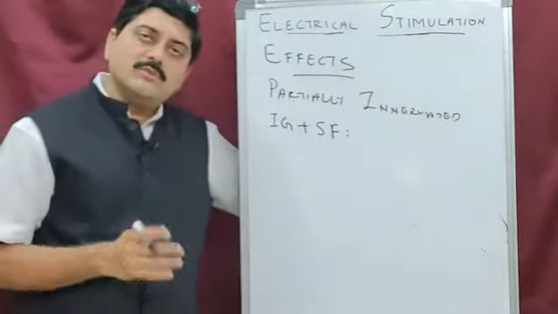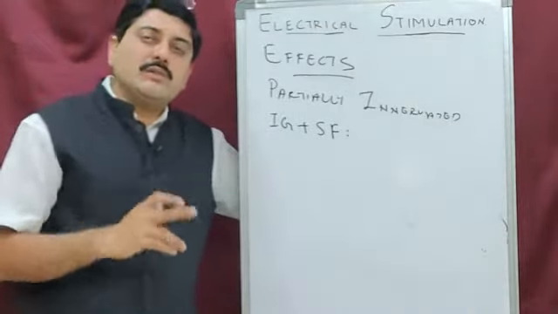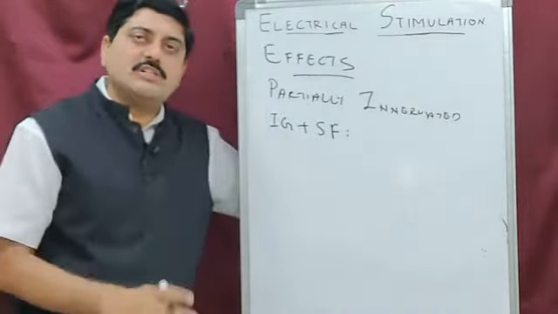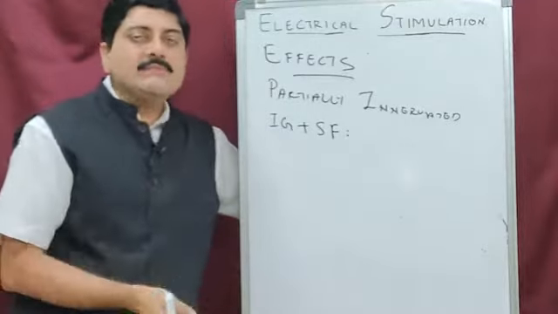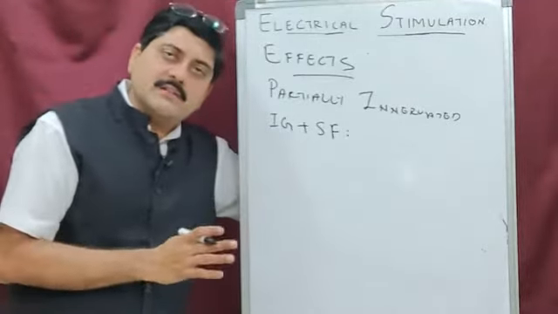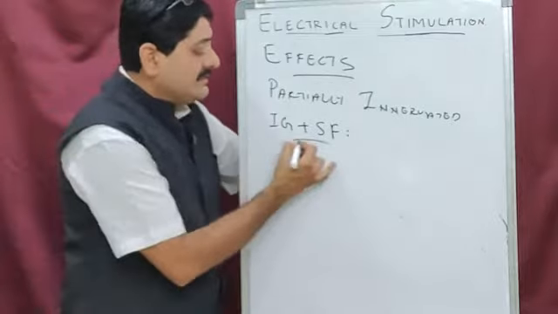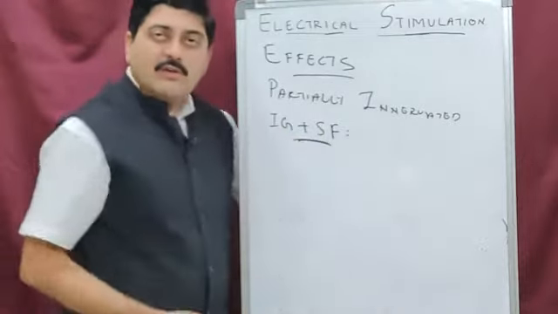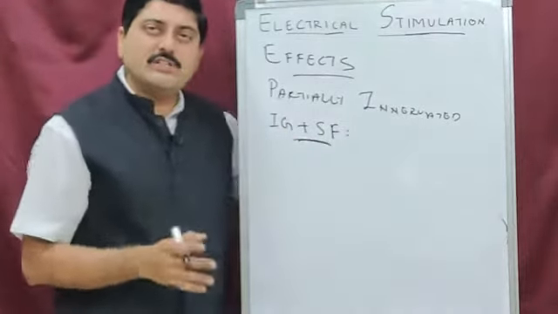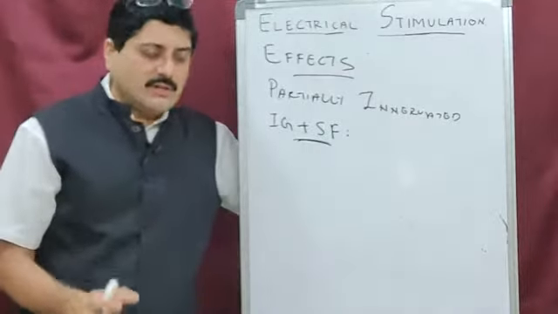That is, we are going to use the surge Faradic also, so that we also stimulate the neuromuscular junction and the innervating nerve, and we also stimulate the muscle, right? So in this case, we are going to use a protocol of active stimulation or functional electrical stimulation, right?